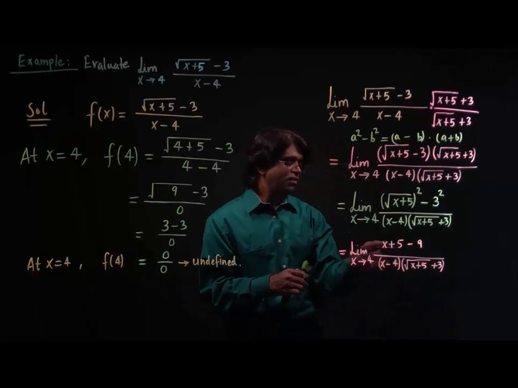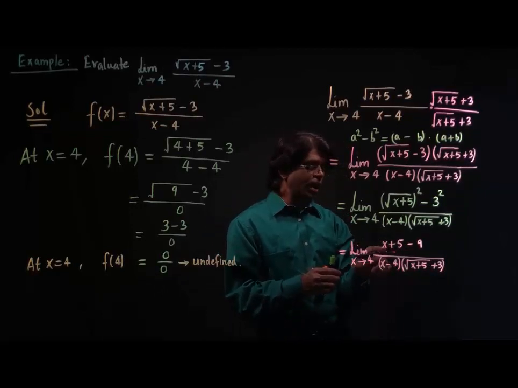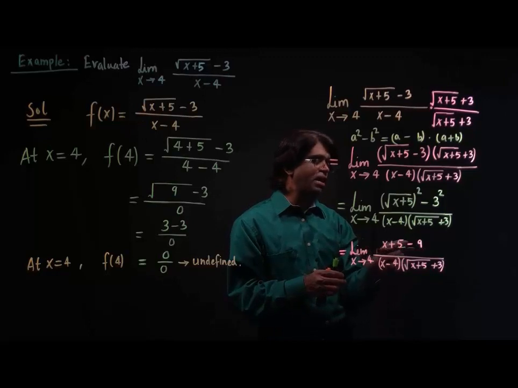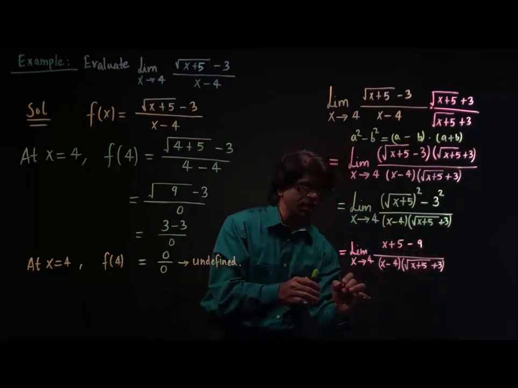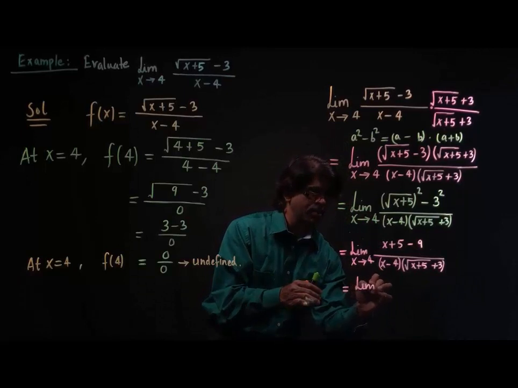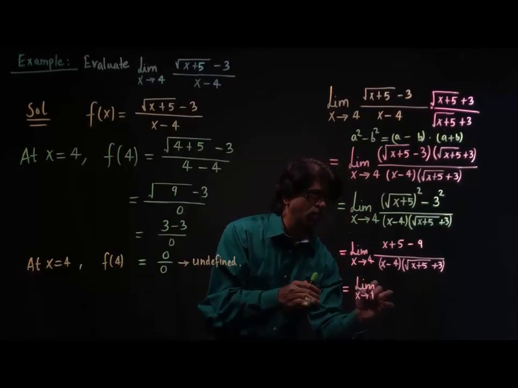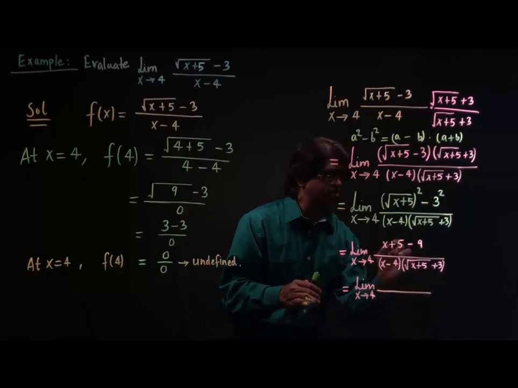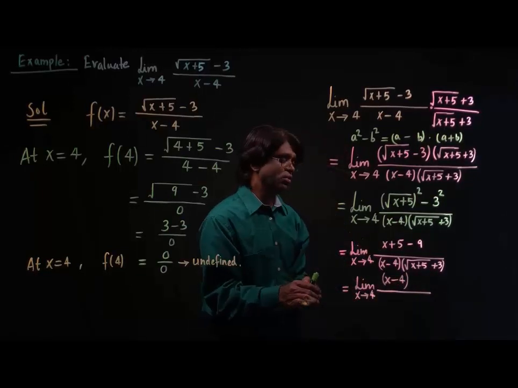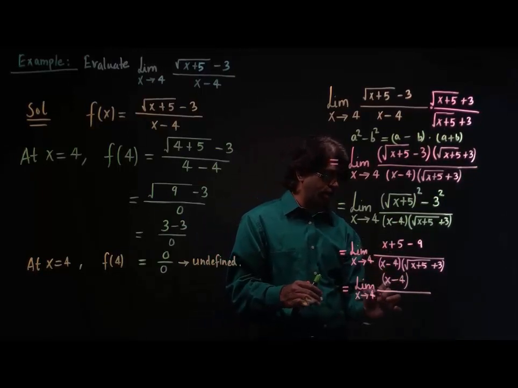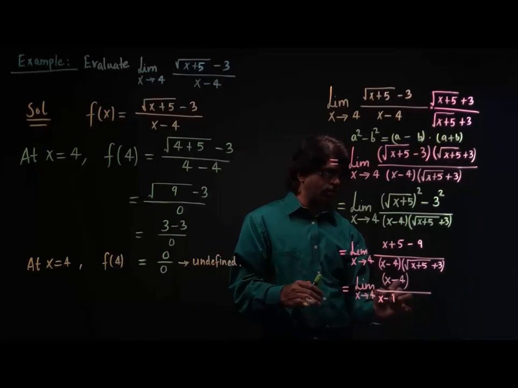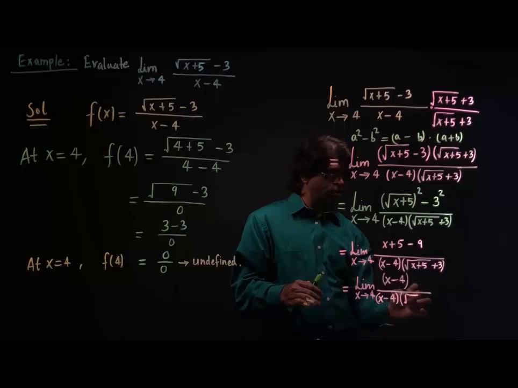Simplifying the numerator, 5 minus 9 is minus 4, so I have x minus 4 at the numerator, and my denominator is x minus 4 times the square root of x plus 5 plus 3.